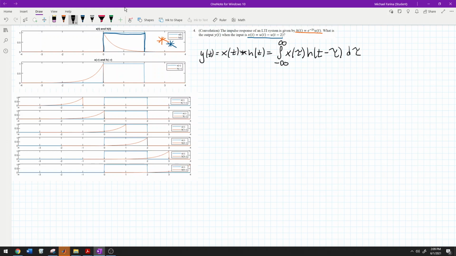Now if you come over here on the left, this is a plot of x of tau and h of minus tau. And you can see that h of minus tau is just h of t up here, and it's just flipped.